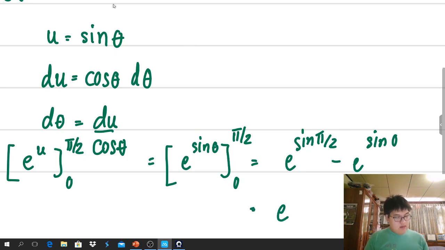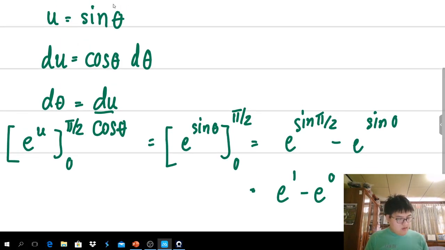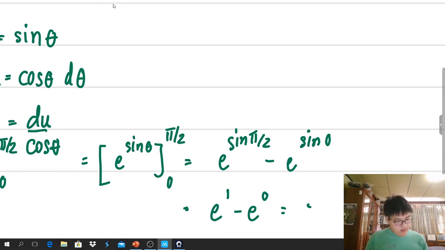This one, the power, sine pi over 2 is 1. And this one, sine 0, you get a 0, right? This one is e to the 0, which is equal to 1. So e minus 1. And this is our answer.